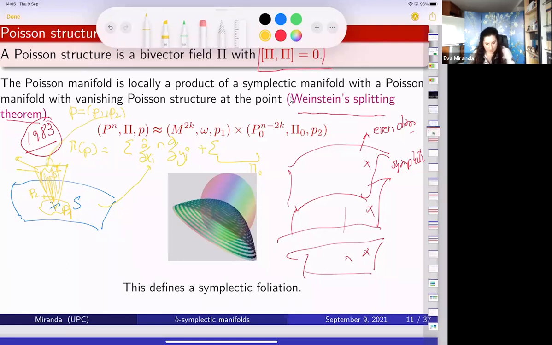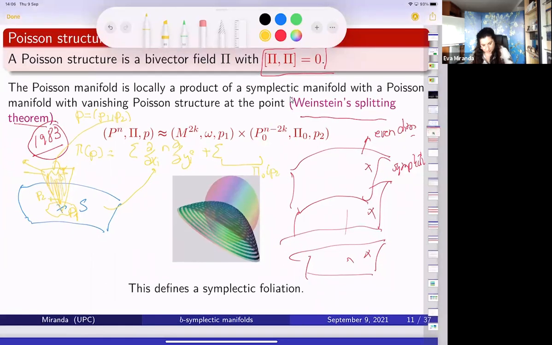And what you know is that this vanishes on pi 2. That's the only thing you know. If you want to write it down as a bivector field, you can do this, but it's not very helpful.